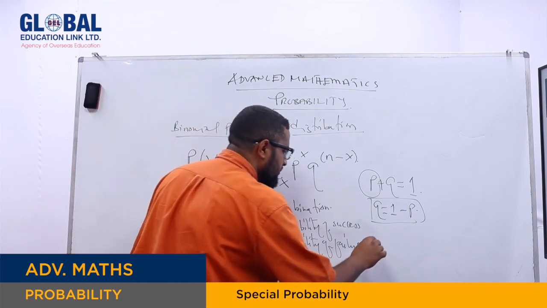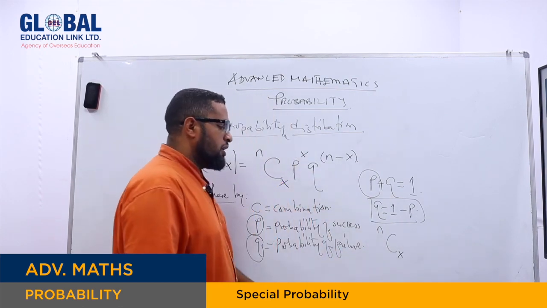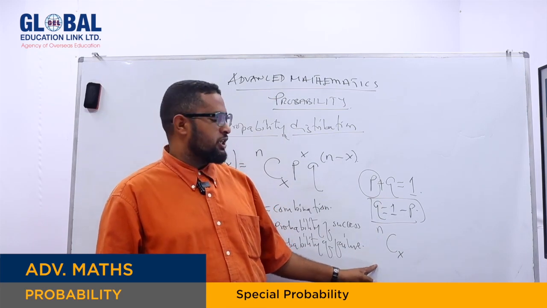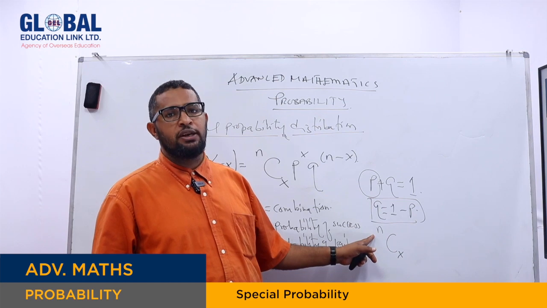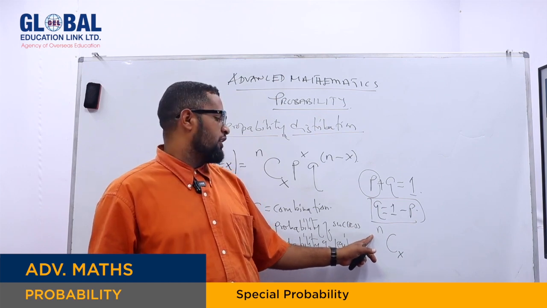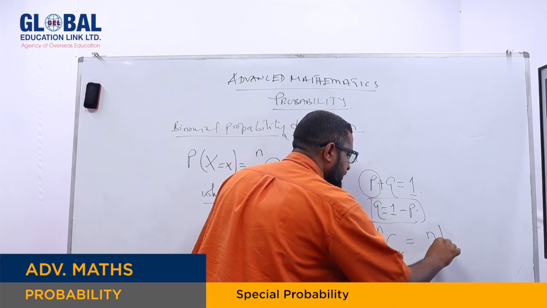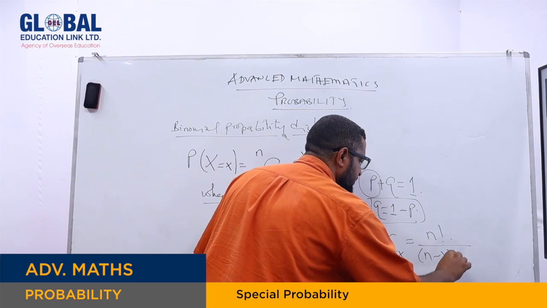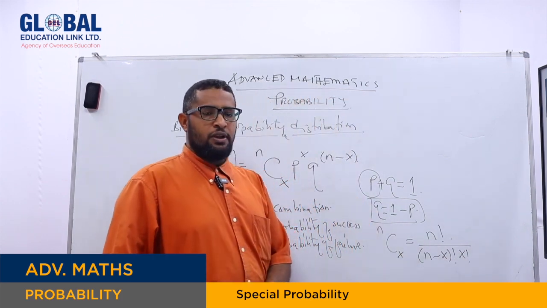We have this term nCx, where n stands for the number of trials, and C for combination, where x is taken from this number of trials, which are many, as I said at the beginning of my lesson. This is given by the formula n factorial divided by n minus x factorial times x factorial.